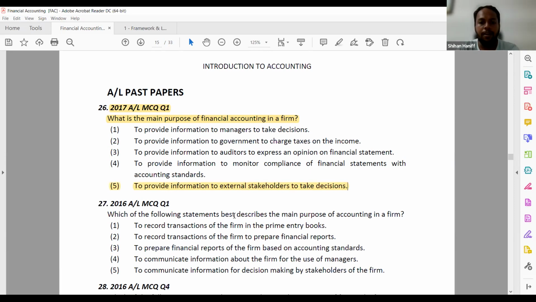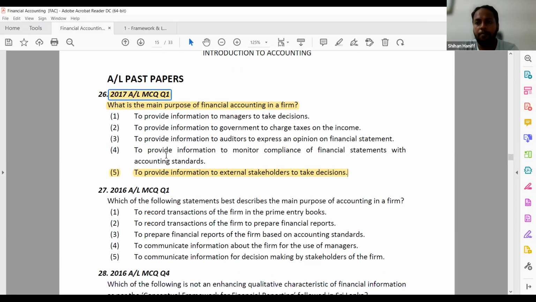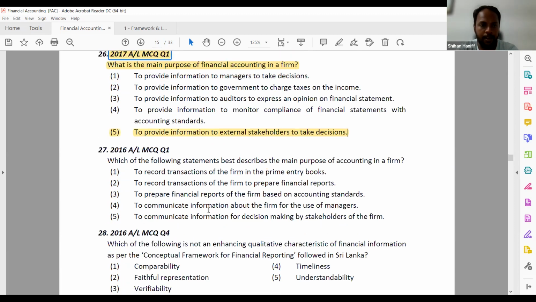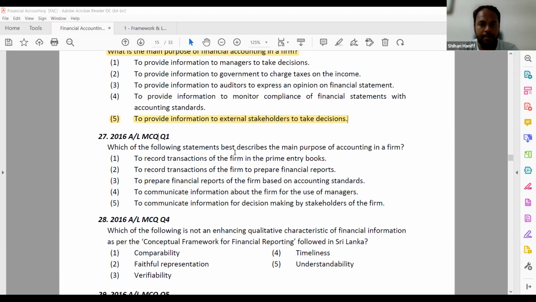So we know who are the external stakeholders. We studied financial accounting, management accounting. So first question, always see MCQ. Question number 1 is very simple, very basic, right? About objective. Good. So everyone gave the correct answer. Very good.